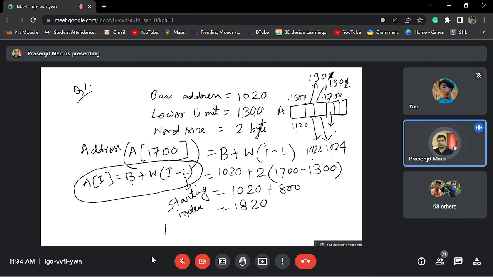B is nothing but the base address, meaning the address of the starting index element. W is the word size.